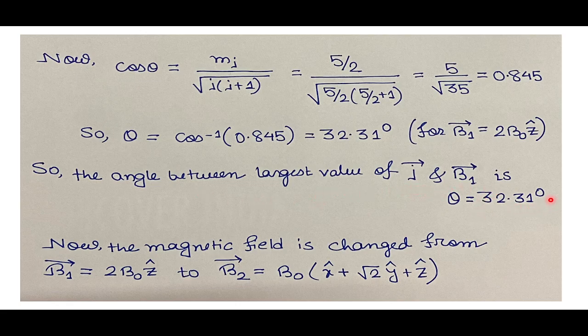This is not the thing asked in the question. Now it has been told you are changing your magnetic field from b1 to b2. You can see the magnitude of the magnetic field is the same, but the direction has changed. So what will happen? You are changing your quantization axis now. The easiest way to find this: your z component will be aligned along the b2 axis, so you can directly find the angle between b1 and b2.